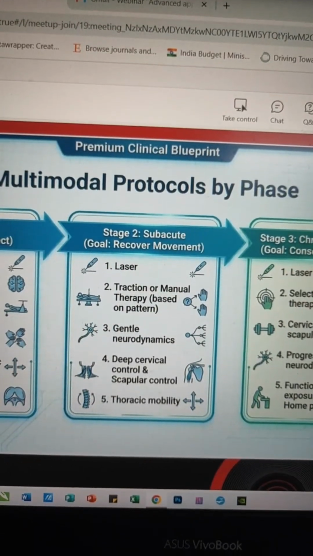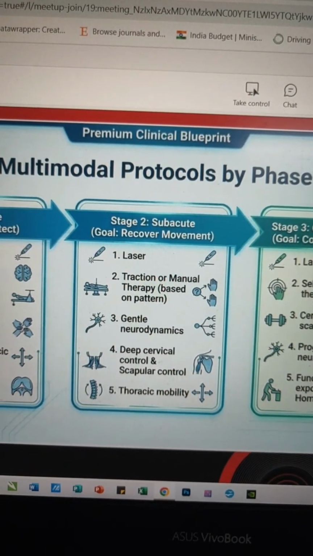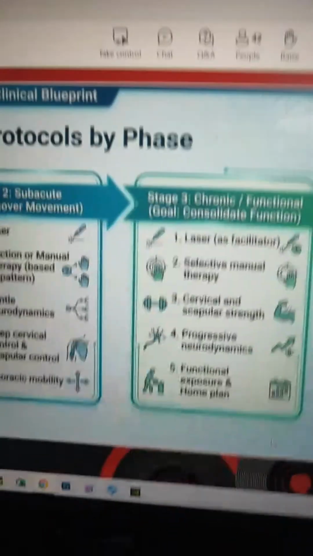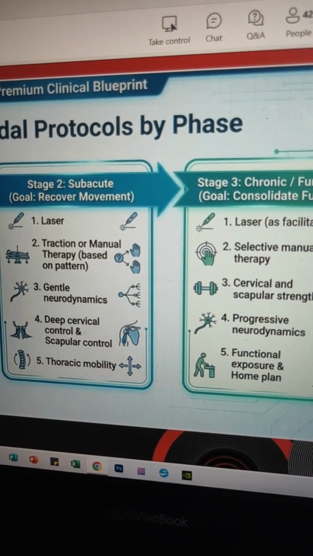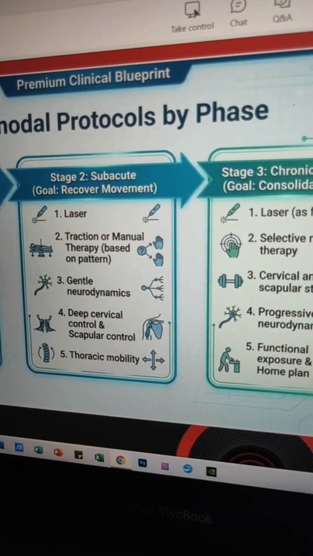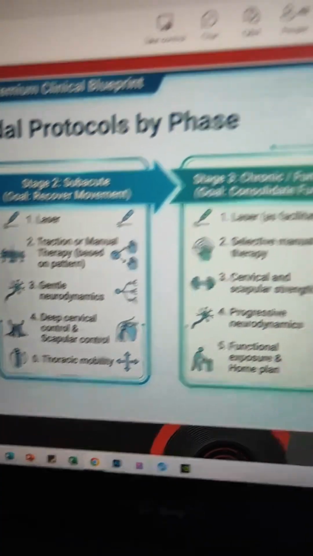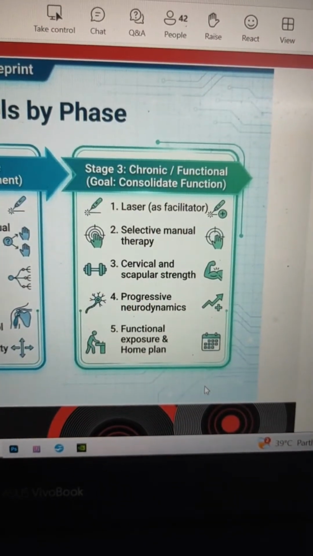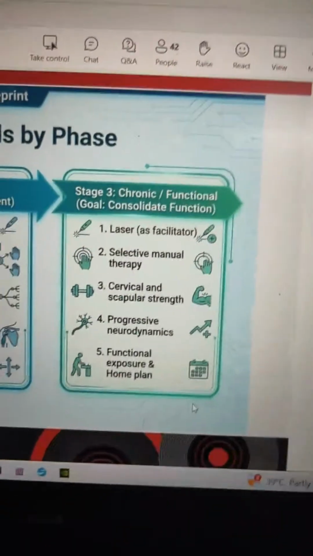As we move into a third phase, the patient now needs to start associating their improvement with their own ability to move. Here, what we want is to consolidate function, where in fact, at this point, we use the laser as a facilitator, and the treatment is basically focused on cervical and scapular strength, on progressive neurodynamics, and on exposure to tasks relevant to the patient.